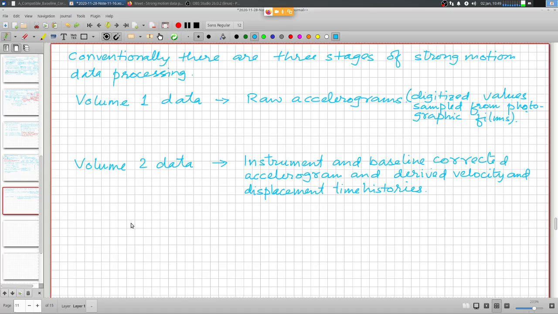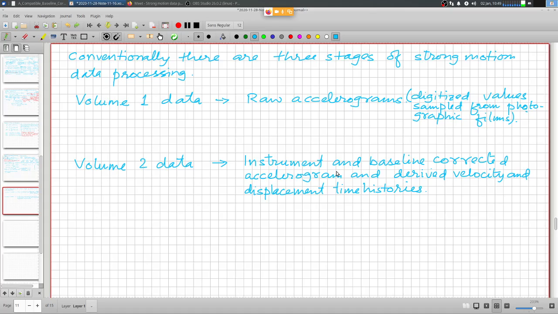After applying the instrument correction, baseline correction is implemented. Baseline adjustment is the more recent usage, to explicitly indicate that we are not very sure about whatever we are doing, but we just hope that it is the right thing to do.